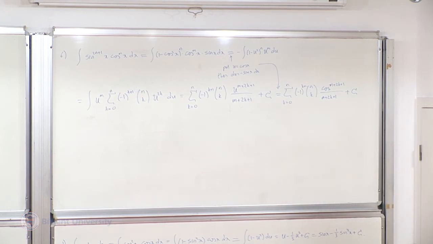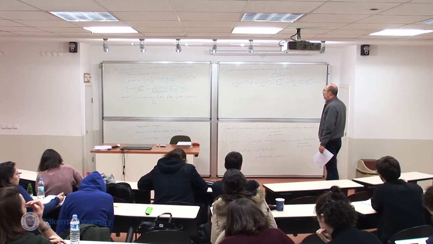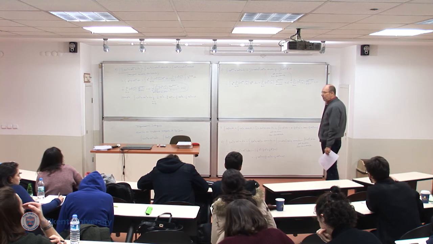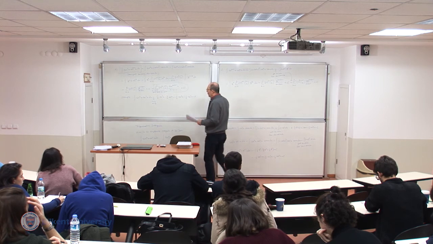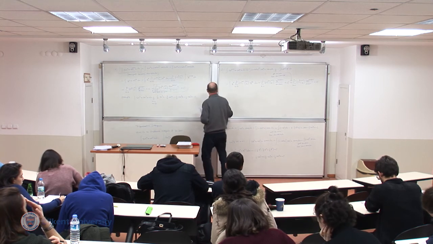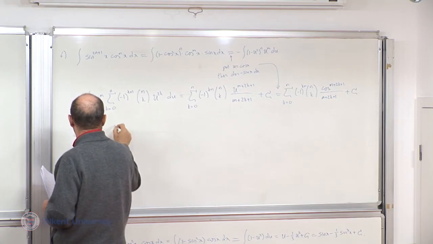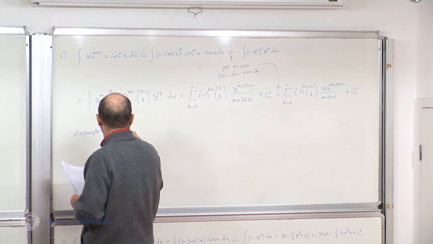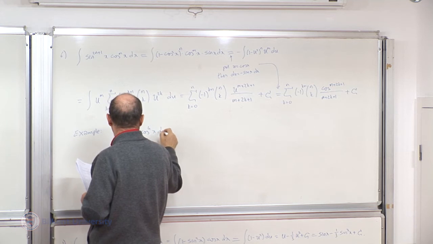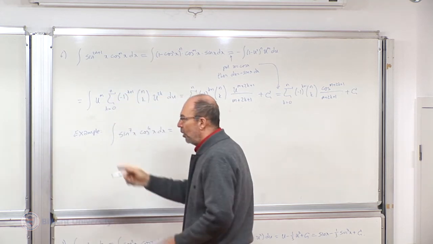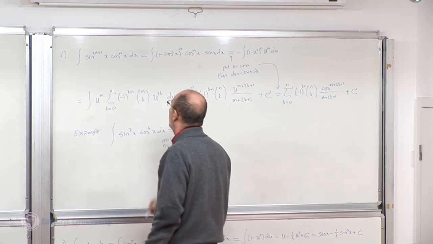So you see the formulas are almost the same, except you change the sign, and of course you change sine to cosine. So again, let's write a similar expression, changing these numbers. Example: we have the integral of sine 7x cosine 4x dx. Again m is equal to 4, n equals 3 in this example.